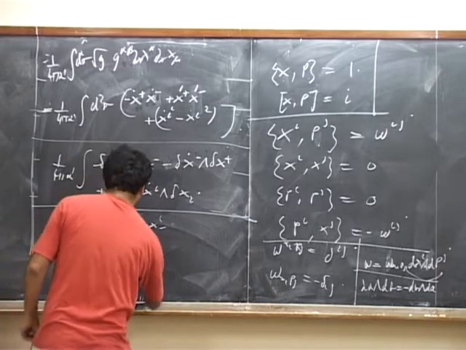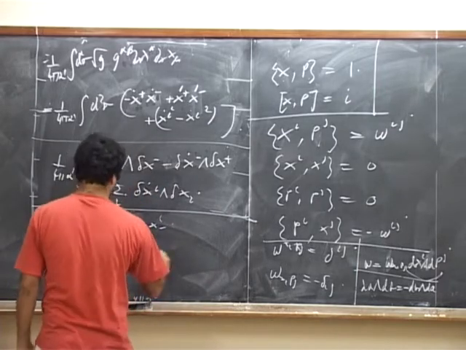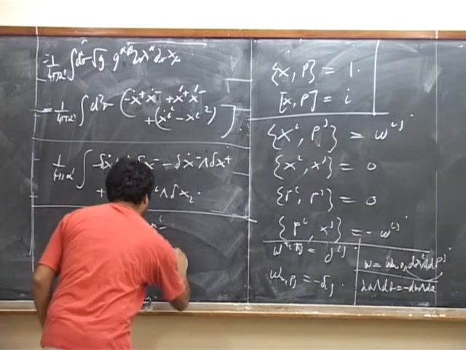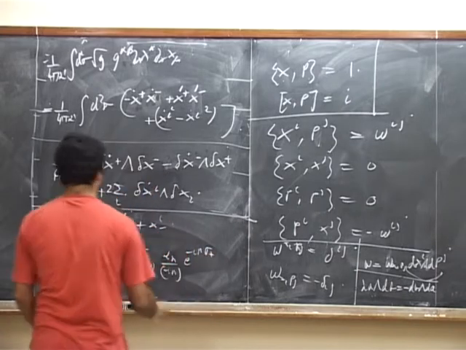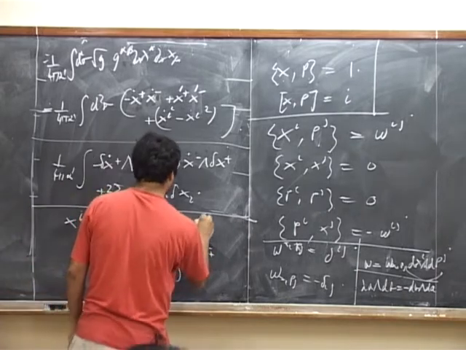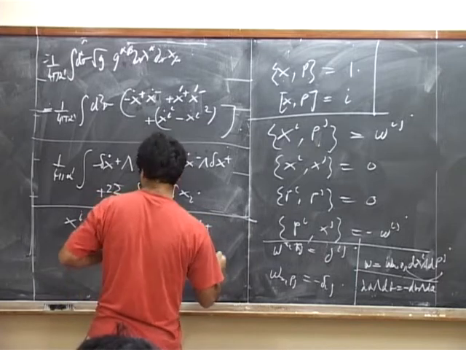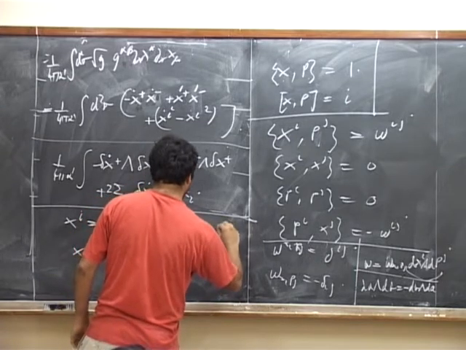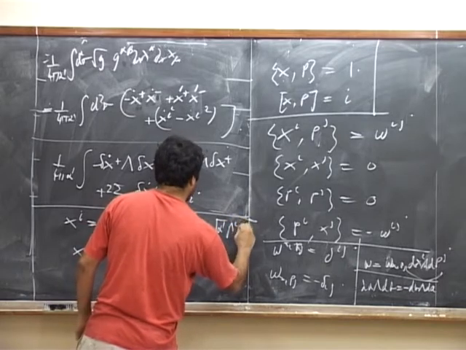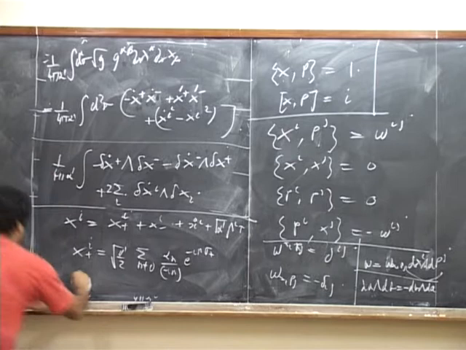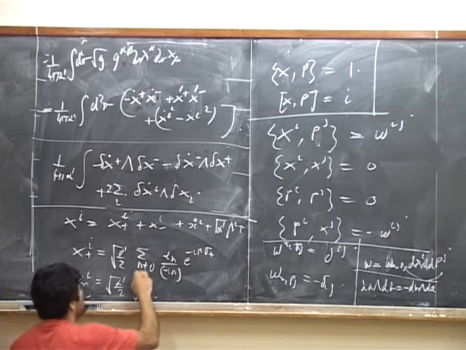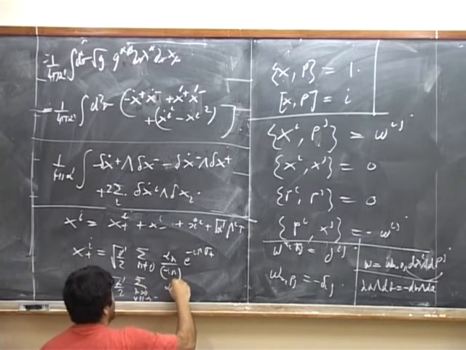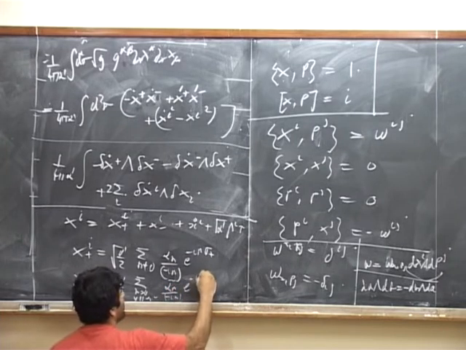Okay, so that's sum n not equal to 0, alpha n divided by minus i n, e to the power minus i n x plus, and then I should also write the 0 mode, so that's xi0 plus alpha prime pi. And xi minus is equal to alpha prime by 2, sum n not equal to 0, alpha n tilde by minus i n, e to the power minus i n x minus.